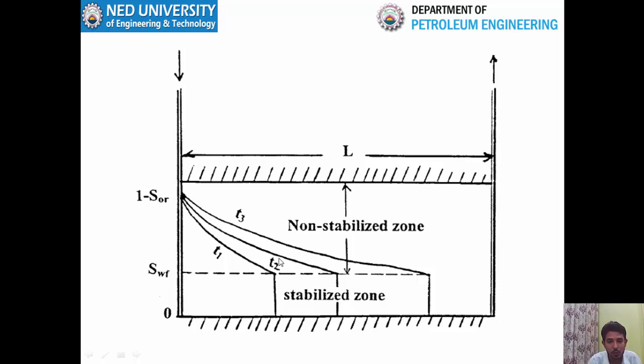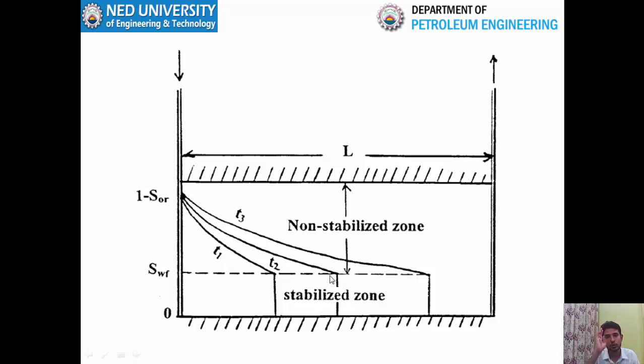At time t2, this front has moved from this location to this location, and again the saturation of water is SWF. So again, this is a minimum saturation. Obviously you can have higher saturation than SWF, but we do not have lower saturation than SWF.